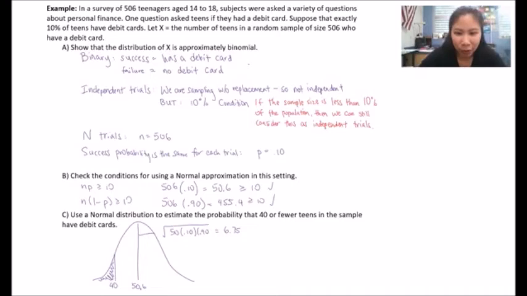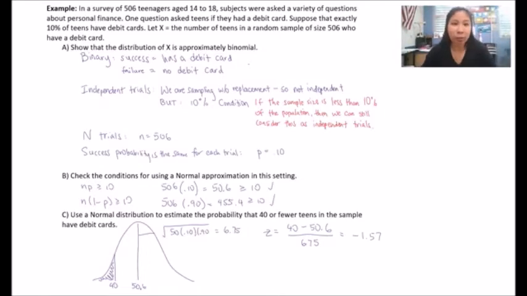Just a little reminder. Now that we have everything drawn out, set up, and labeled, we can find our z-score. The z-score is 40 minus our mean of 50.6, divided by the standard deviation of 6.75. When I do that, I end up with negative 1.57.